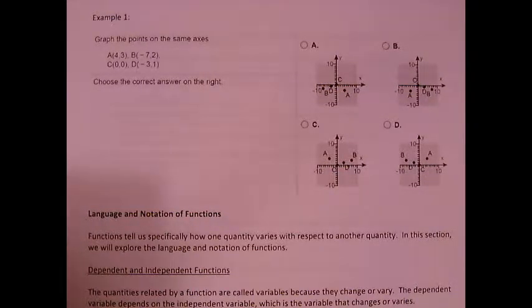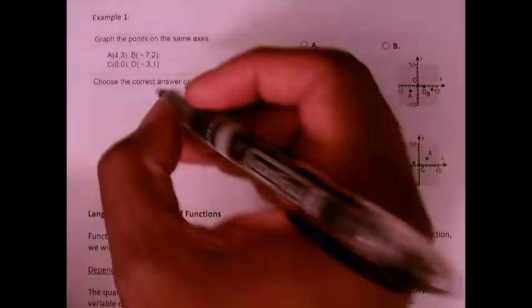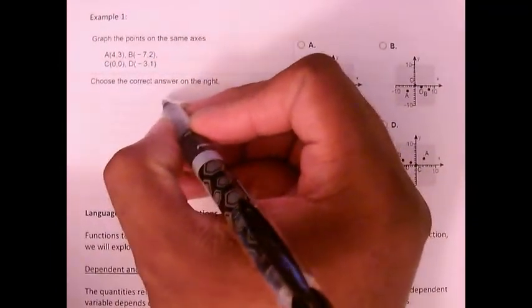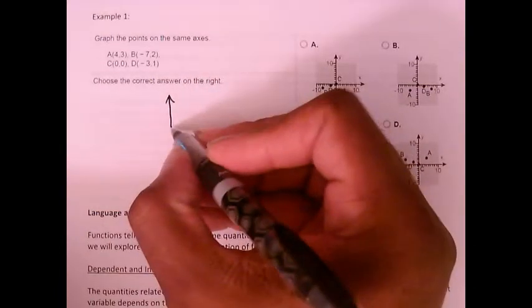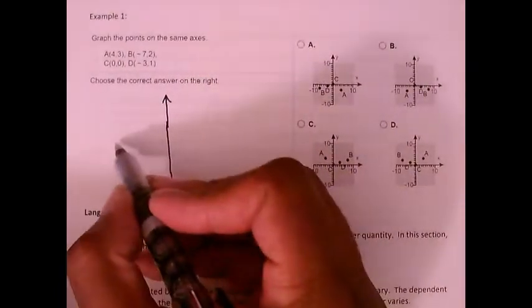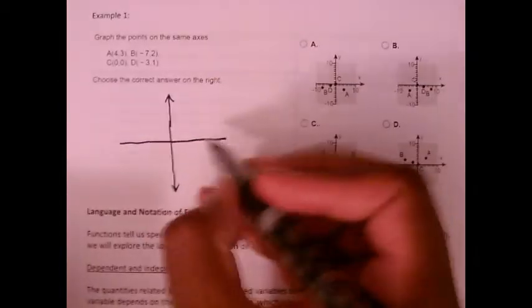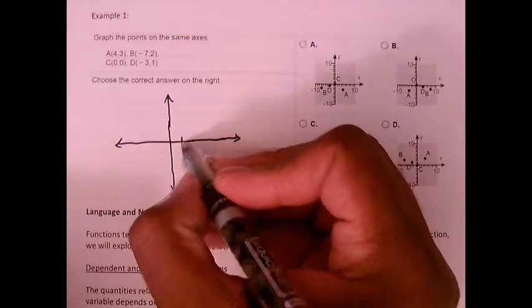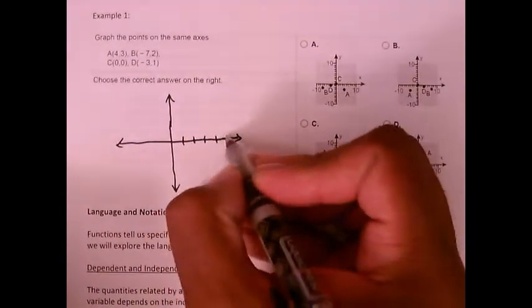So here we got points A, B, C, and D. Now in the homework you'll be given a choice of graphs and they want you to pick the one that best fits those ordered pairs. I'm going to draw a horizontal and a vertical axis here. That way you can see what's going on here.